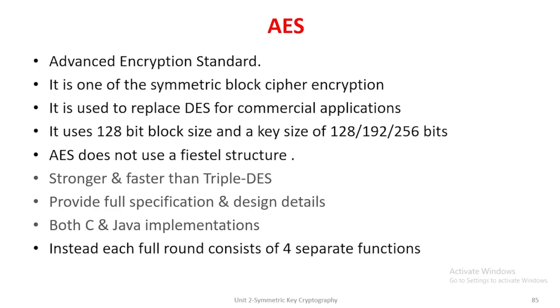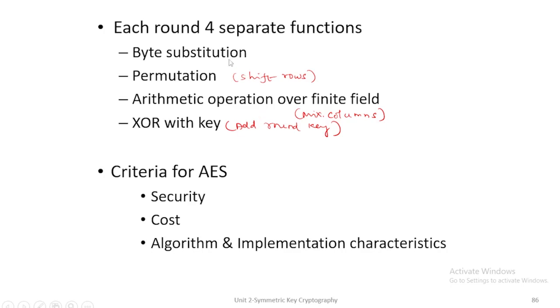There are four separate functions available in a round function. Those functions are substitution, permutation, arithmetic operation, and XOR key. They are named byte substitution, shifting rows, mix columns, and add round key.